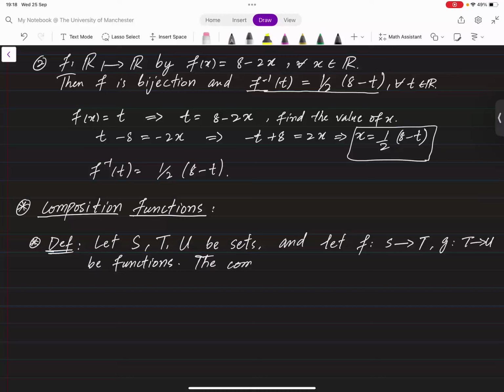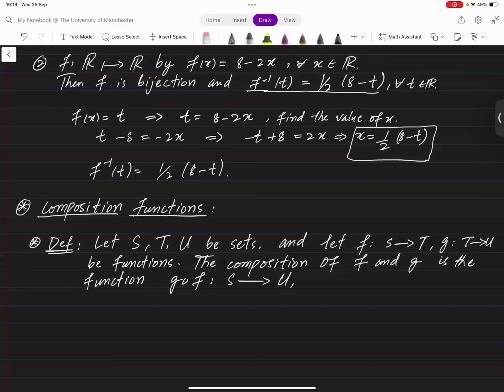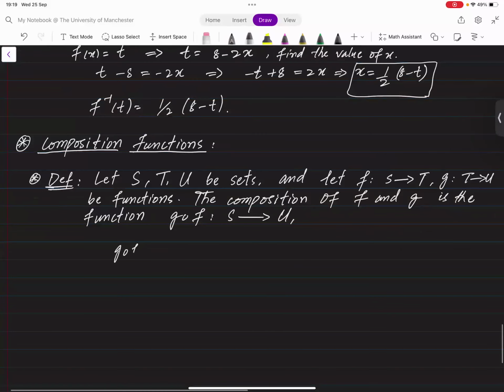The composition of f and g is the function g compose f, which is a function from S to U, defined as follows: g compose f of s is going to be g of f of s, for all s in S.